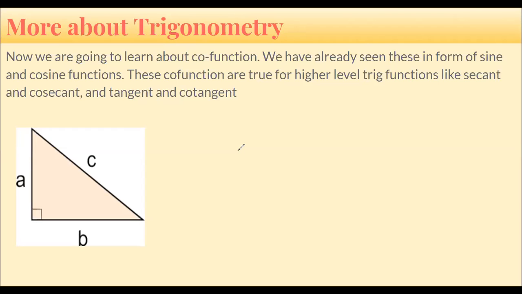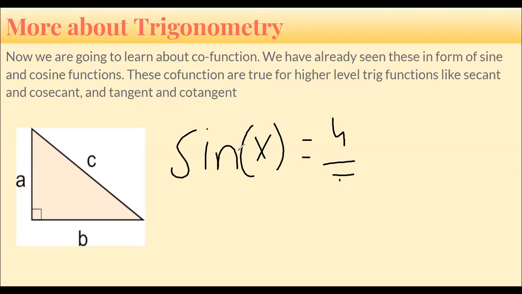They might give you sine x is equal to 4 over 5, and they might say, calculate the cosine of 90 minus x. And people freak out. And I'm like, basic concept, because we know that sine x is equal to cosine of 90 minus x.